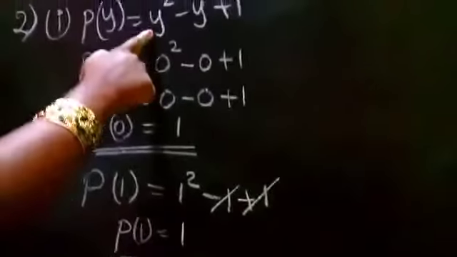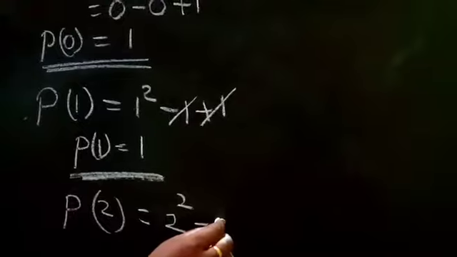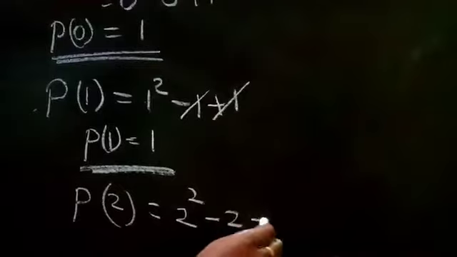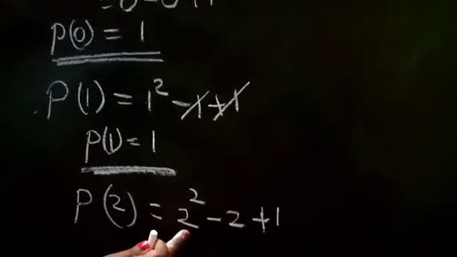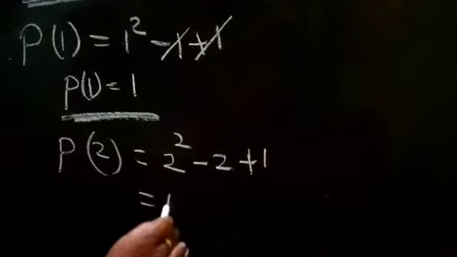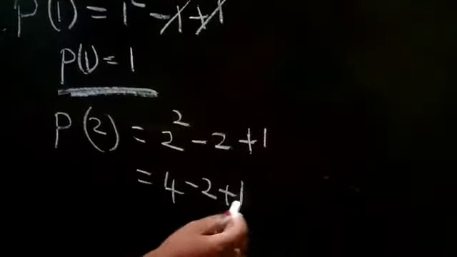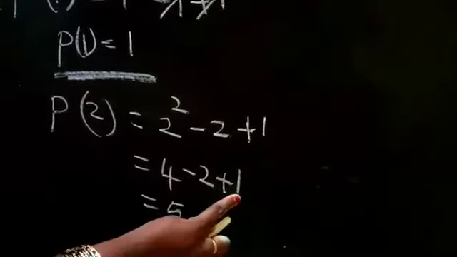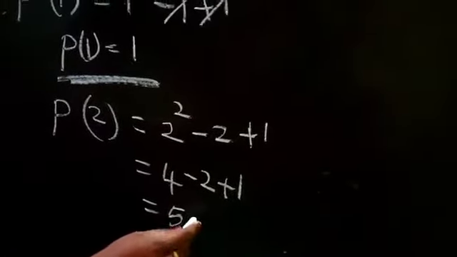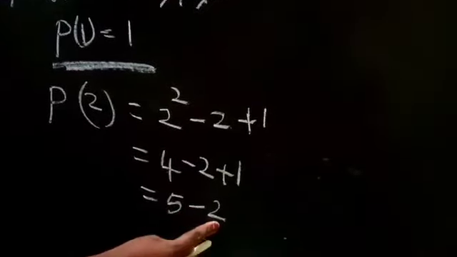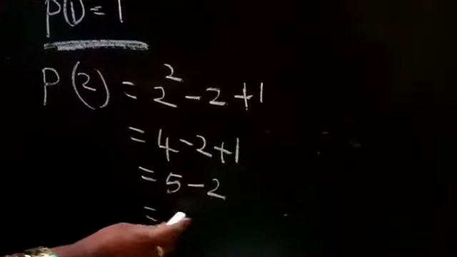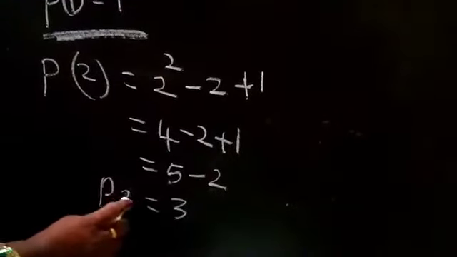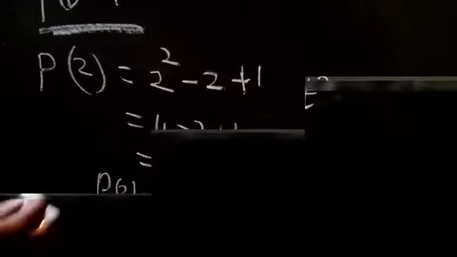So it is y square, so we apply 2 square, minus y, we apply 2 in that place, plus 1. That is, 2 square means 2 into 2, 4. So 4 minus 2 plus 1. 4 plus 1 is 5 because positives we have to add. After adding, minus 2 we have to write here. Now 5 minus 2 is 3. Therefore p of 2 equal to plus 3.